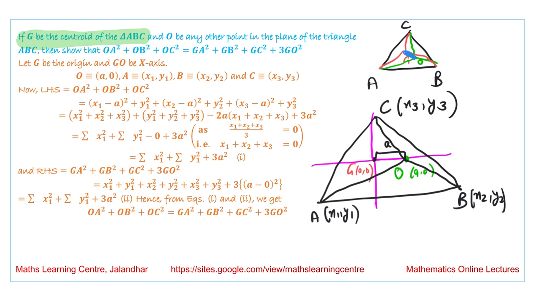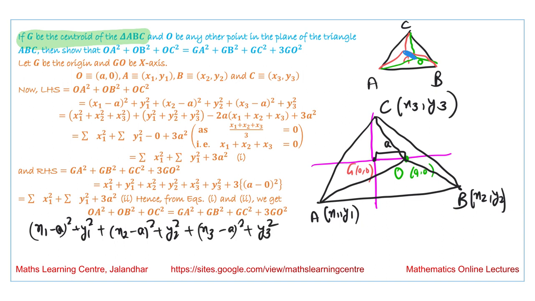If we calculate this, it is (x1 minus a) square plus y1 square plus (x2 minus a) square plus y2 square plus (x3 minus a) square plus y3 square. This is the value of OA square plus OB square plus OC square.